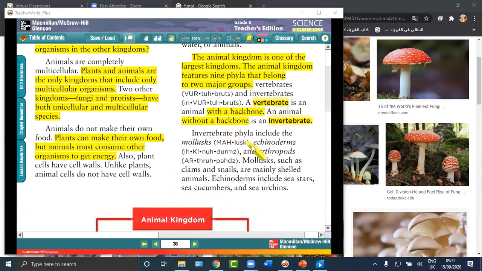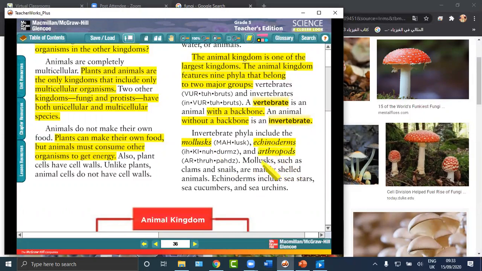Invertebrate phyla include the mollusks, echinoderms, and arthropods.